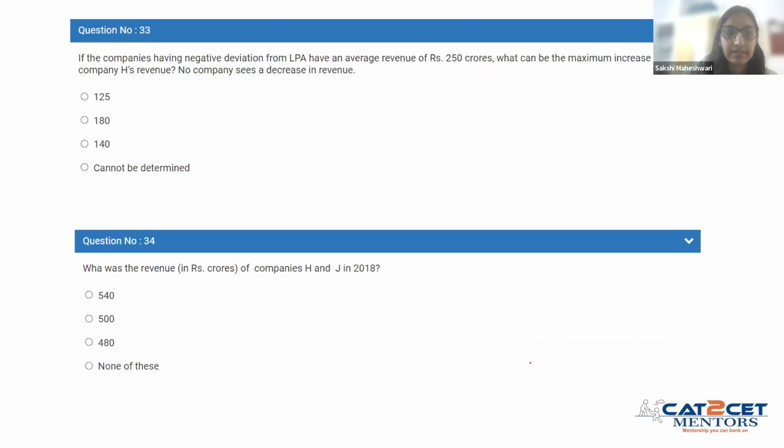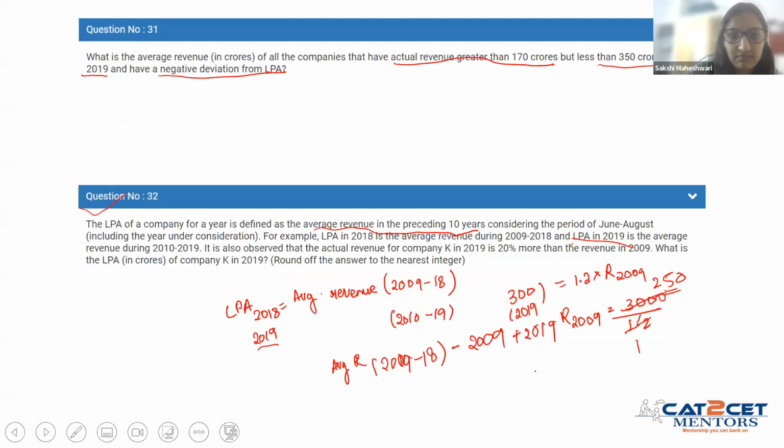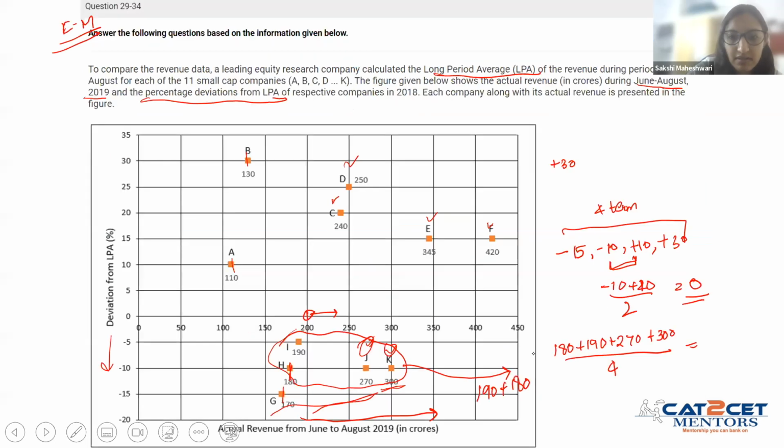Okay, maximum increase. Yeah. So what is the average revenue here? Plus 270 plus 300 by 5.